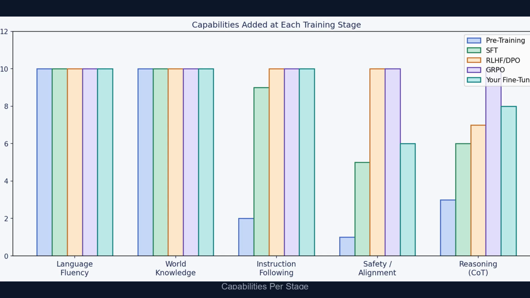The alignment phases, RLHF and DPO, are primarily responsible for the safety and alignment dimension, and your fine-tune sits at the top, adding targeted capability in whatever specific domain or task you're building for. The key insight from this chart: by the time you start fine-tuning, the hard work on language and knowledge is already done. You're customizing a highly capable foundation, not building from scratch.